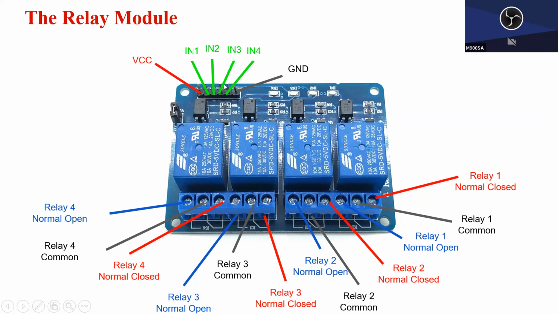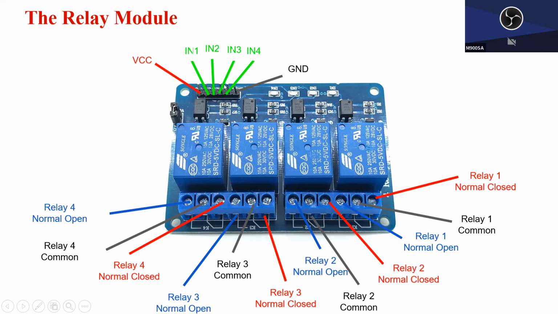So if you want to connect to a specific relay, you can use wires. For example, if I want to connect my device to relay 3, I need to connect the wires to normal open or common port.